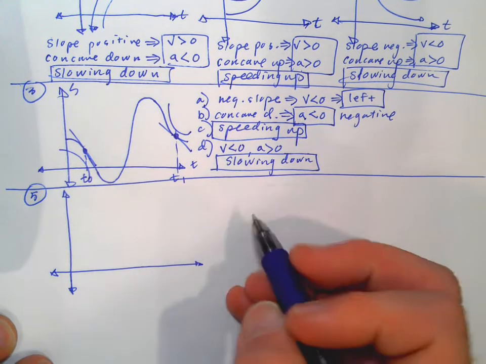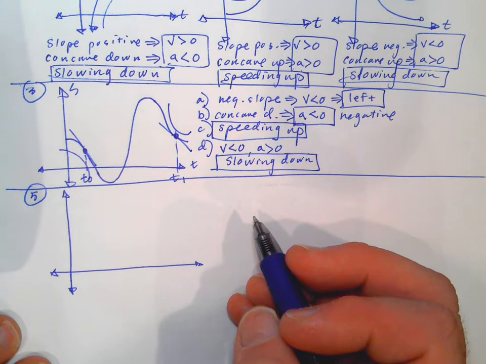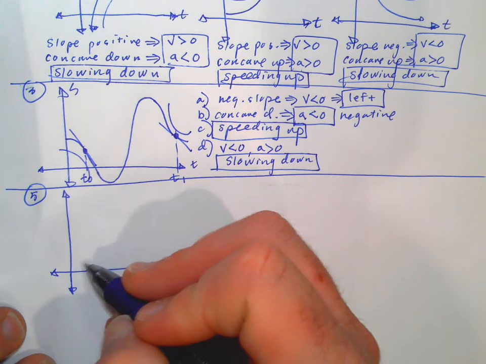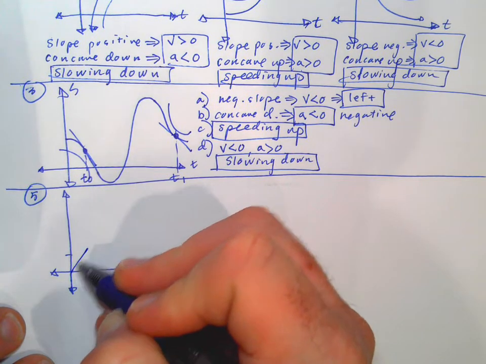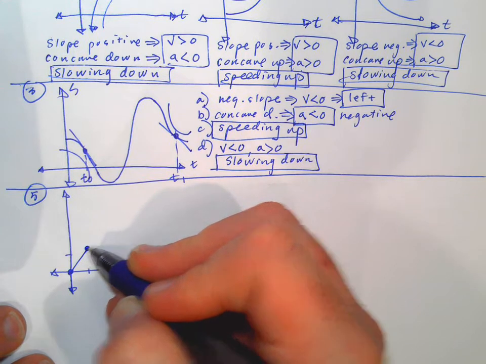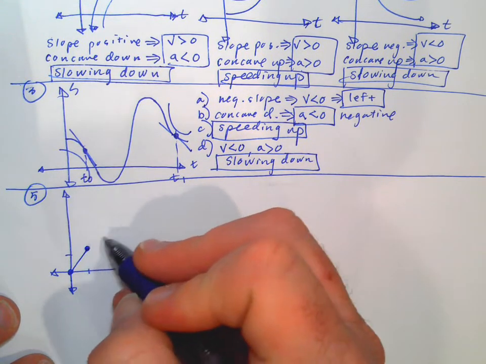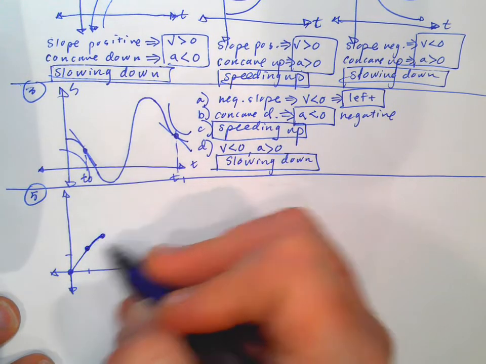So it says it runs at a constant speed of 1.2 meters per second, then gradually slows down to 0.6 meters per second. So 1.2 would be a little more than a slope of 1, right? And then it gradually slows down to 0.6, which is like half that slope. It doesn't say it stops.